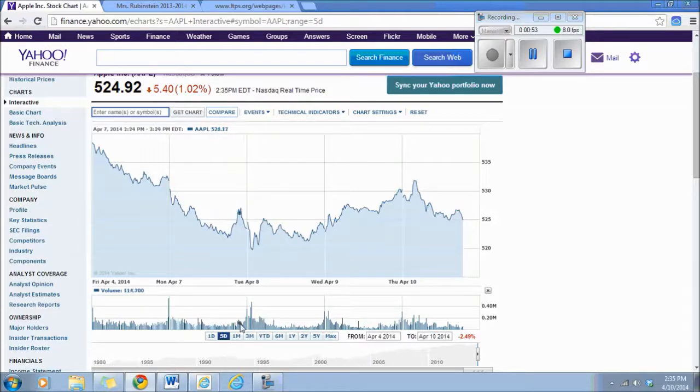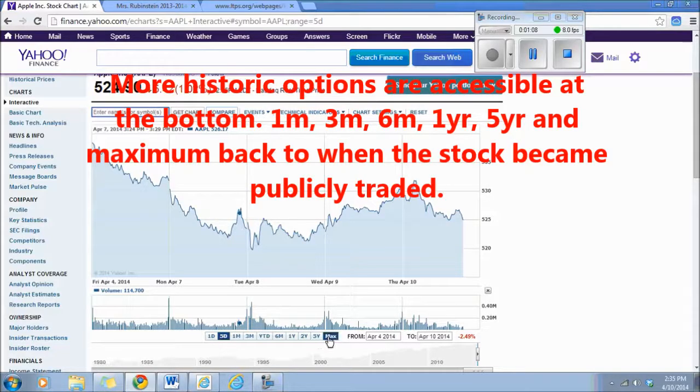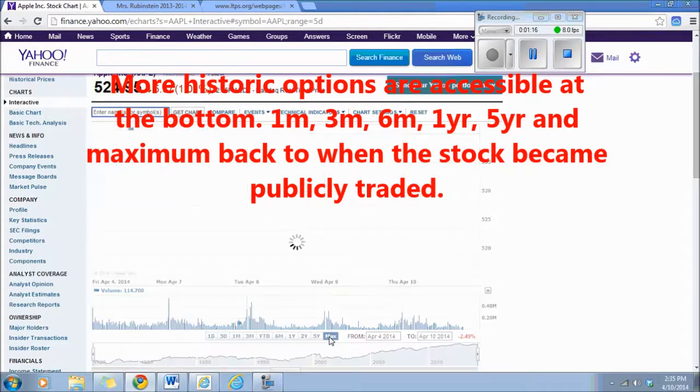Down here on the bottom, you can also get 1 month, 3 months, year to date, that's since January 1st, 6 months ago, 1 year ago, 2 years ago, 5 years ago, and maximum, back to when they first started trading Apple stock on the stock market. Let's take a look at that one.